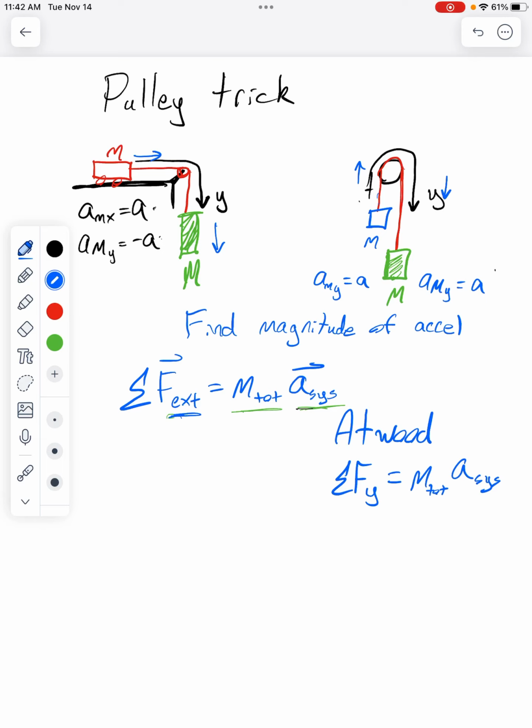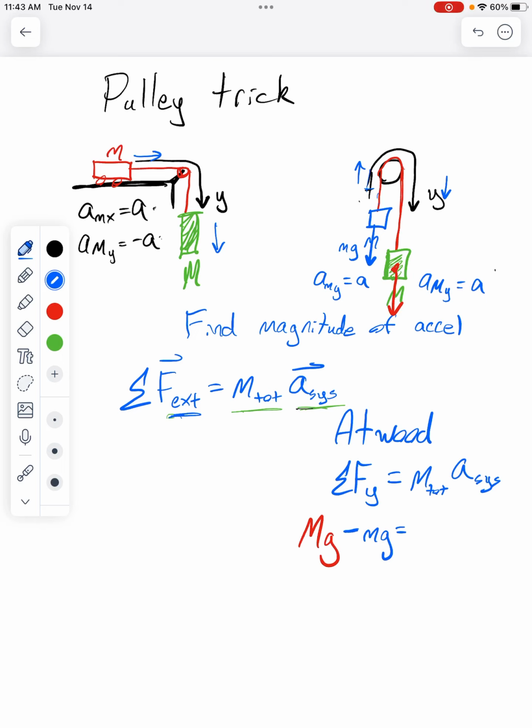The only external forces are gravity pulling downward on big M, but downward is in the positive y direction for big M. And we've got gravity pulling downward on little m, but on the little m side, downward is the negative y direction.